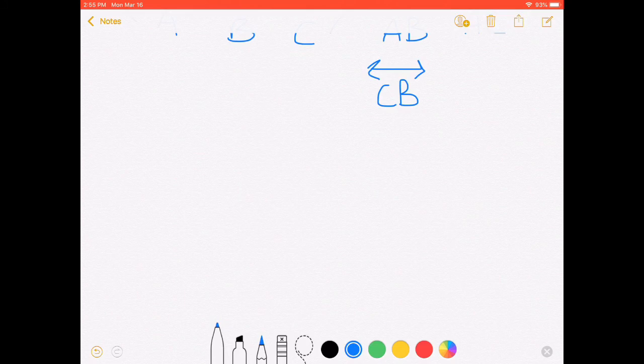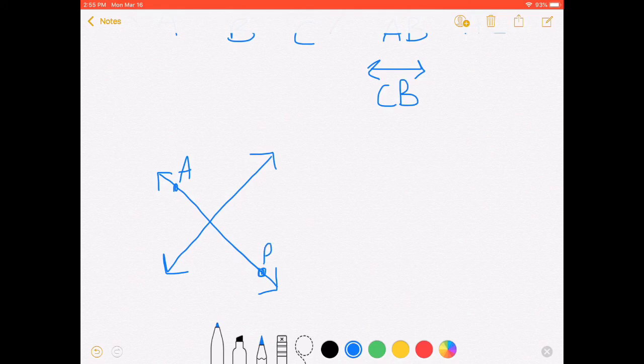The other thing that we didn't talk about is how when two lines intersect, they intersect in exactly 1 point. When we say intersect, that just means the point where they cross over. So if we have lines AB, here's line AB, and line CD, here's CD, and they are obviously crossing over each other.